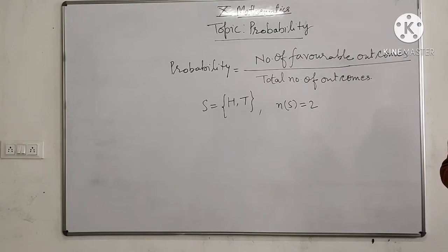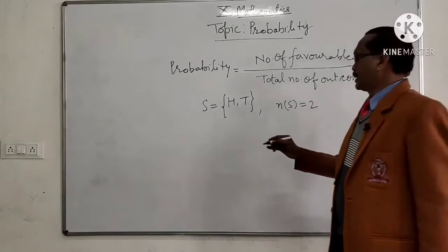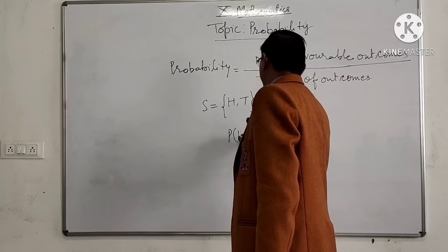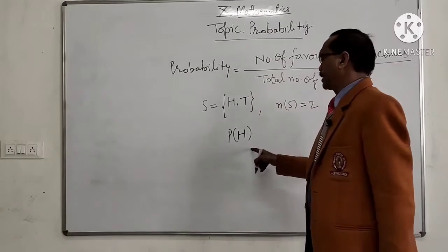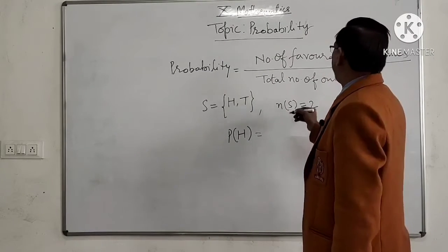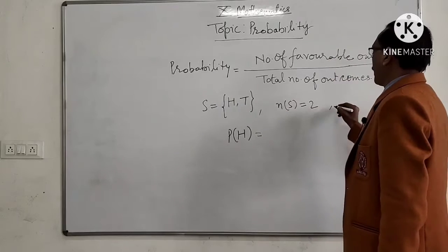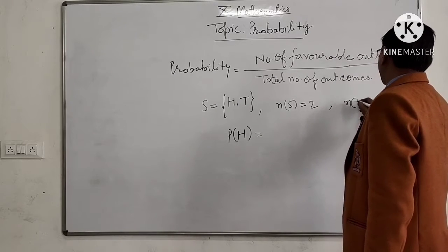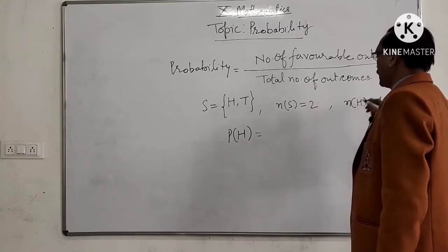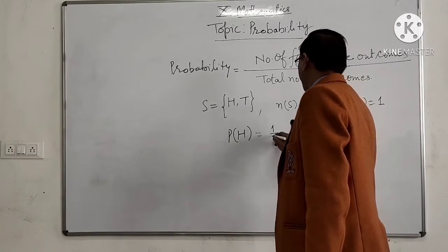If we find the probability of tossing a coin and getting a head, then it is P(H), H for head. There is one favorable outcome. The number of heads is 1. So the probability is 1 by 2.